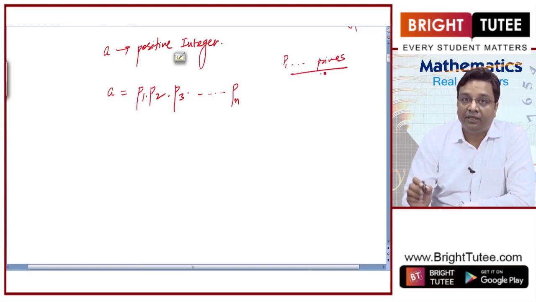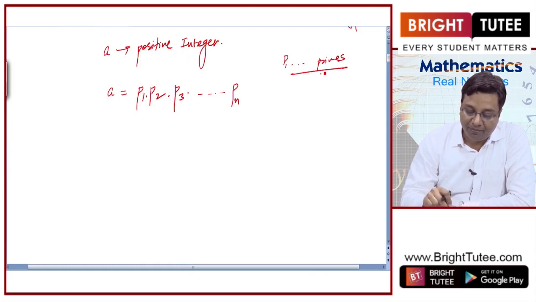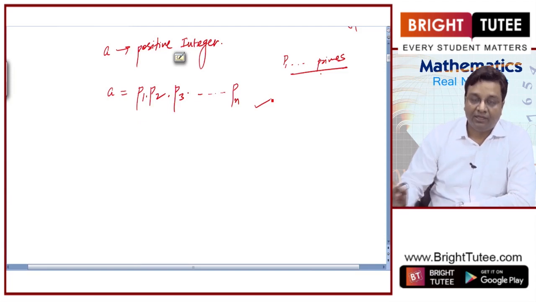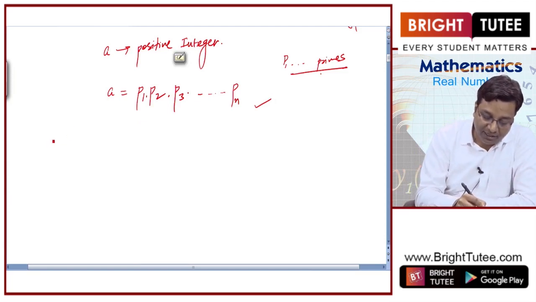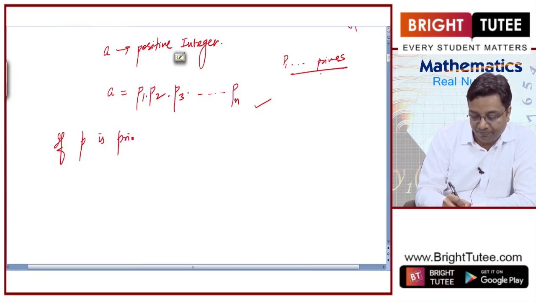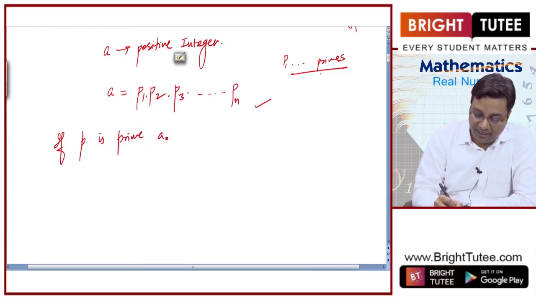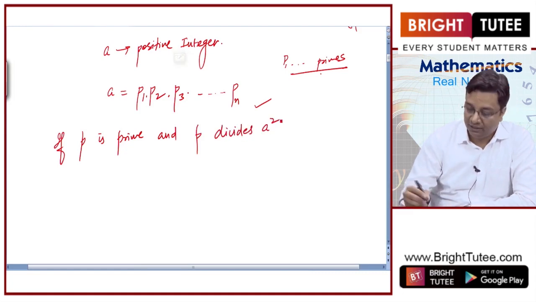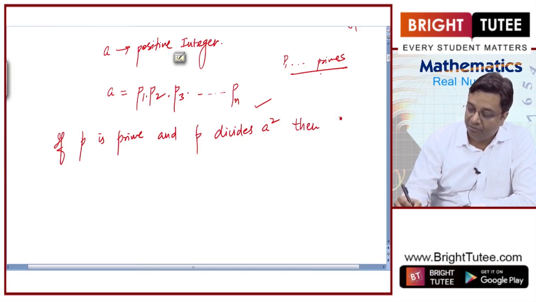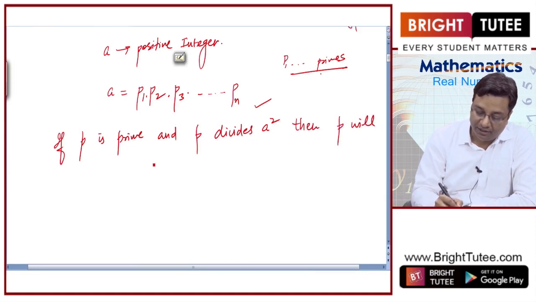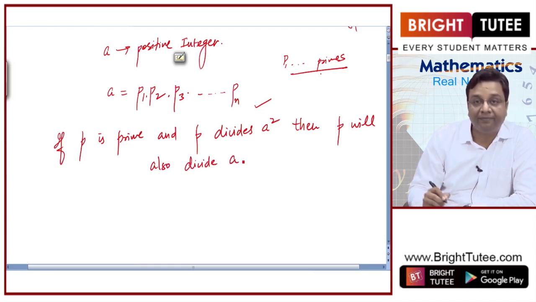Okay, so if I write A in prime factorization form, so this will be the prime factorization form. Now what I am saying here is, if P is prime, and P divides A square, then P will also divide A, right?